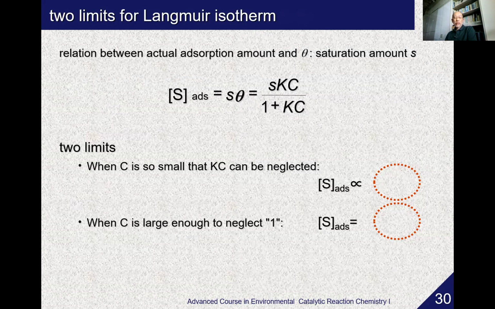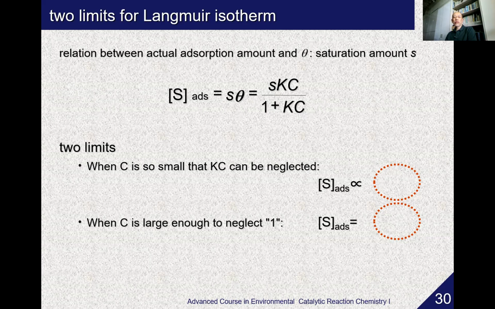S theta is the amount or density of substrate adsorbed on the surface. Theta is just the ratio: how much proportion of the adsorption sites is occupied by adsorbate. So therefore, a small s is introduced.